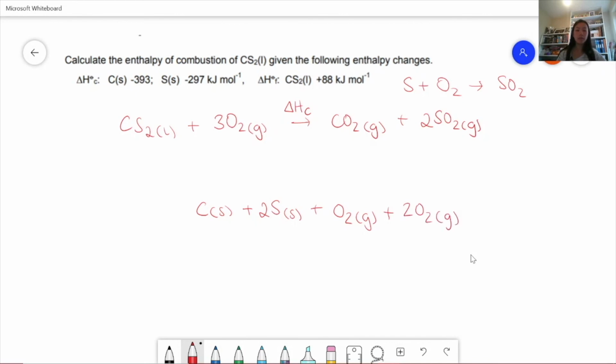And so now this will be the enthalpy change of formation of the CS2, and this will be the delta H of combustion of the carbon and also the delta H of combustion of the sulfur. And now we work out all these numbers. So the delta H formation of CS2 is plus 88.